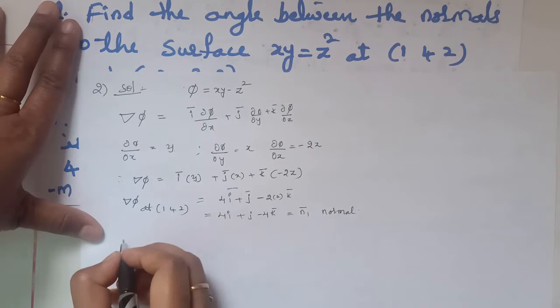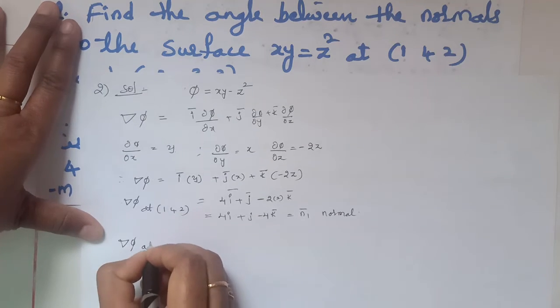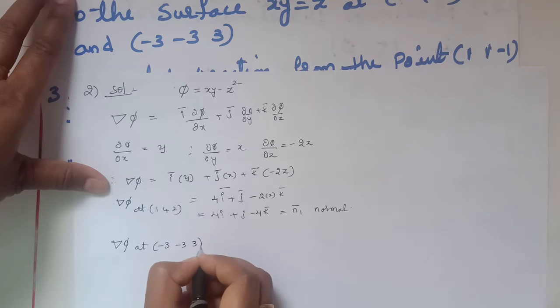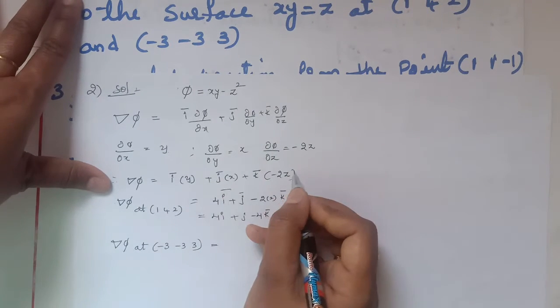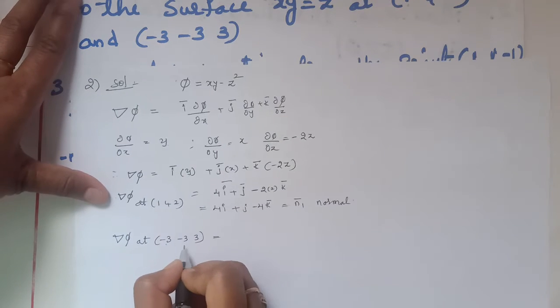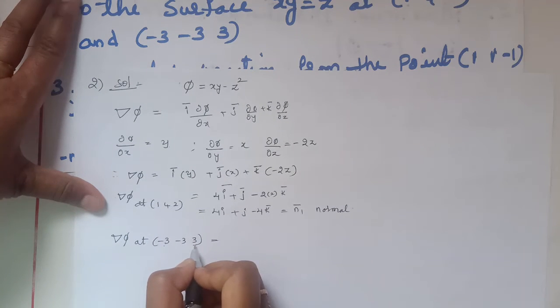Now to get the second normal, we need to find out del phi at minus 3, minus 3, 3. We calculated del phi value, no? Here you have to substitute x as minus 3, y is minus 3, z is 3.